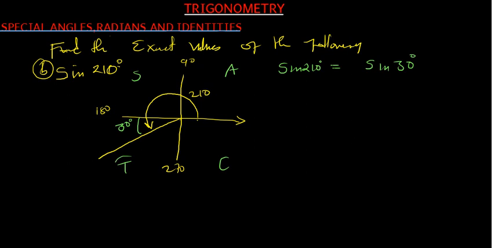In the third quadrant, only tan is positive. So that means we are talking about sin in the third quadrant. The sin is going to be negative. That's why we're going to put a negative there. So sin 210 is the same as negative sin of 30 degrees. But we know that sin 30 is 1 over 2. So sin 210 is the same as negative 1 over 2 without even using a calculator.